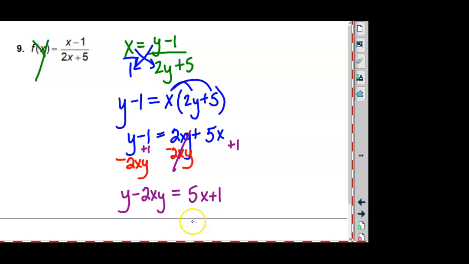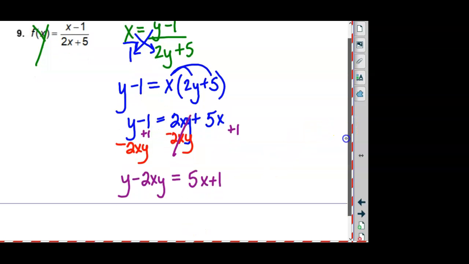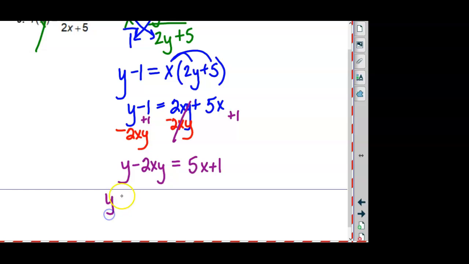What's next? Factor out the y on the left. If I take a y out, please don't tell me it's just negative 2x. Remember, you're dividing each of these by y, and y divided by y is 1 and then a minus 2x. Is everybody okay there? Because if I distributed it back, it would have to go back to the same thing.